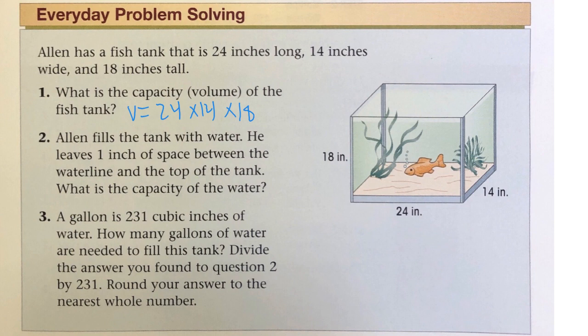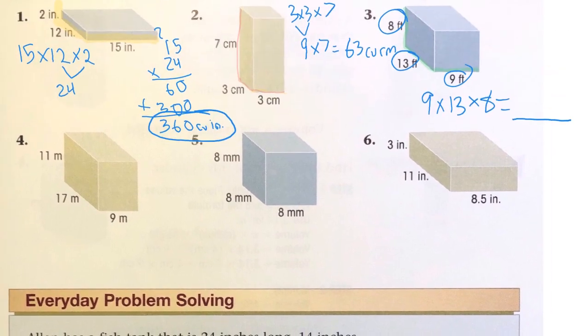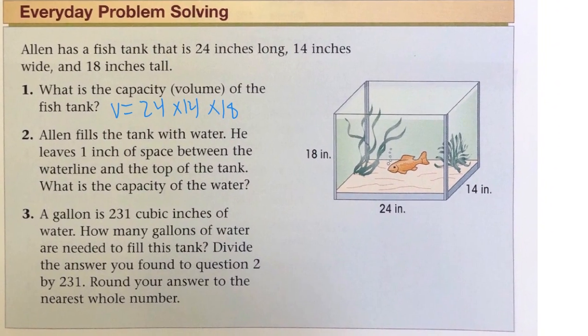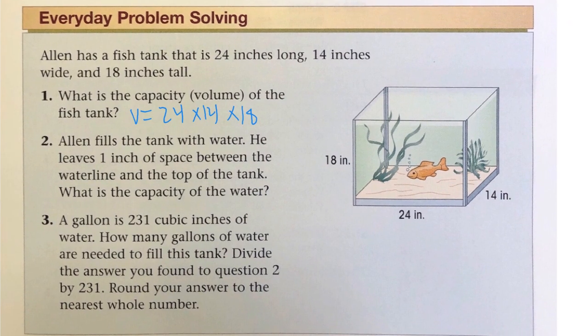So 24 times 14, didn't we just do that? 24 times 15, so 24 times 15 is 360. Oh my goodness, I'm going too fast.